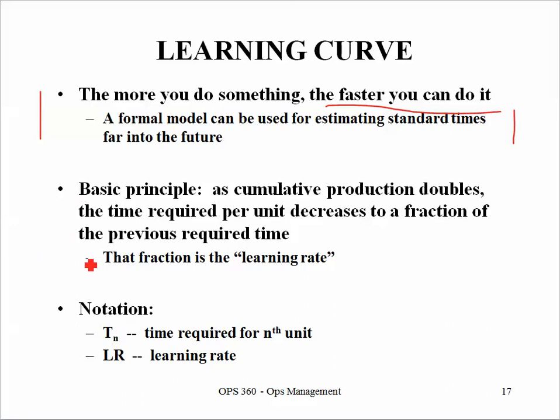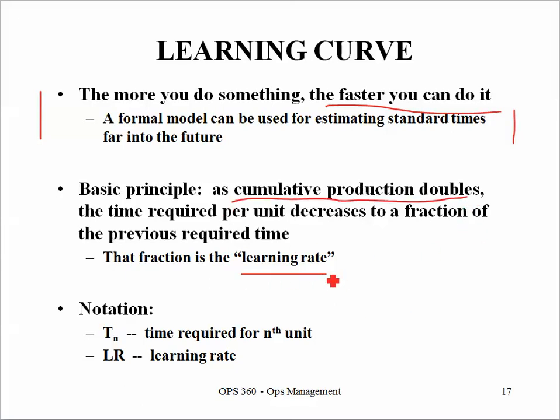So the basic idea is that as cumulative production doubles, the time required per unit decreases to a fraction of the previous required time, and that fraction is called the learning rate. So for example, if I produce 1 unit of a product and it took me 10 hours to produce that first unit, to produce the second unit of the product, that's doubling my cumulative production, going from 1 unit to 2 units.